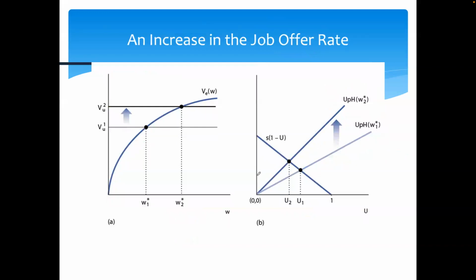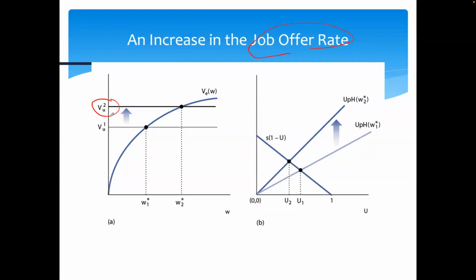Now let's look at another possibility: an increase in job offers. Okay, let's look at the left-hand side. So this value of unemployment is going to increase. Why is it going to increase?